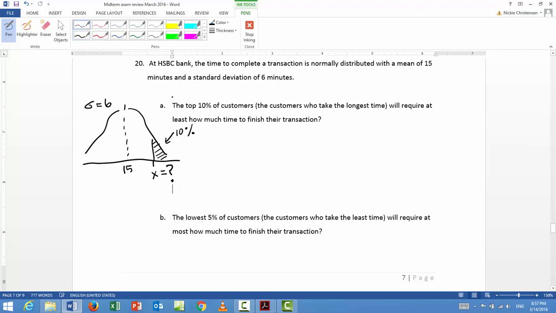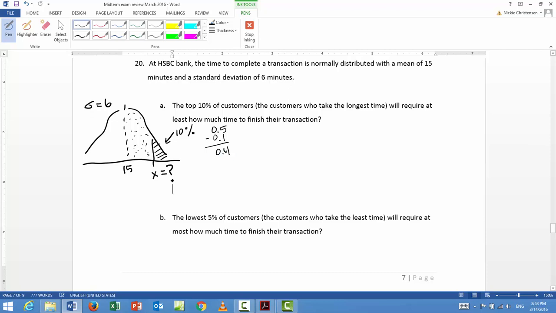So, the first thing we have to do is find what this area would be that I'm dotting. Okay? So, we know that one side of the curve is 0.5. And we know that this little part is 0.1, also known as 10%.